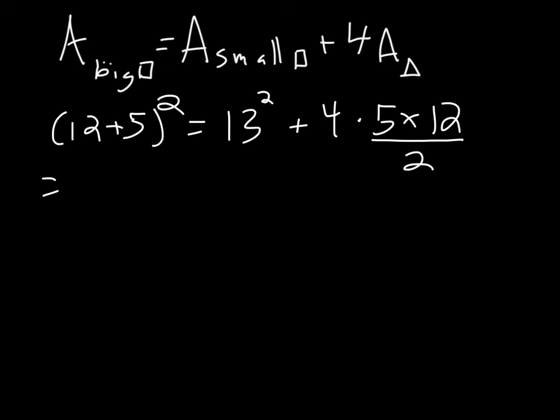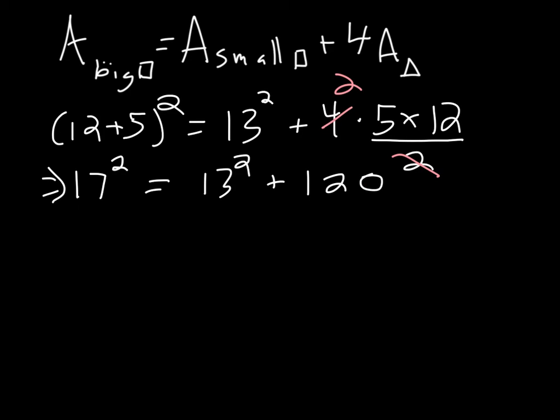So this is going to be 17 squared, and that equals 13 squared plus, well, this is going to be 4. We can cancel out one of the 2's out of the 4 with this 2. And we're left with 2 times 5 times 12, which is 120.